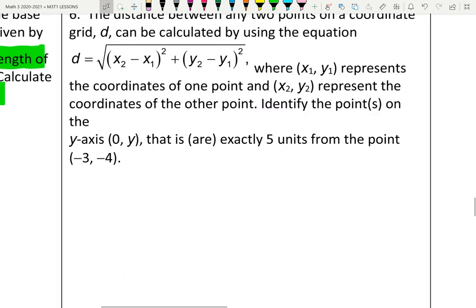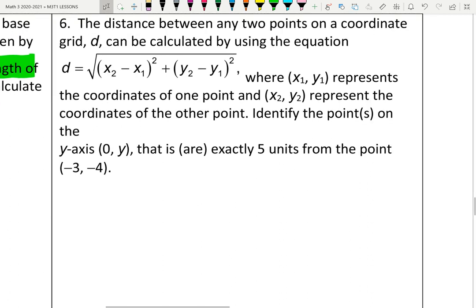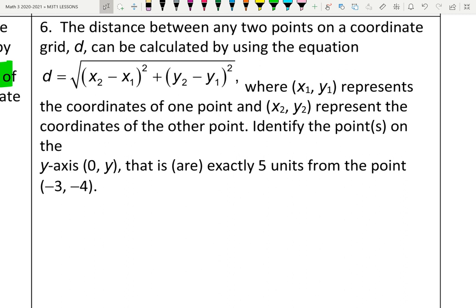The distance between any 2 points on a coordinate grid D can be calculated by using the equation D is equal to the square root of (x2 minus x1) squared plus (y2 minus y1) squared, where x1 and y1 represent the coordinates of one point and x2, y2 represent the coordinates of the other point.